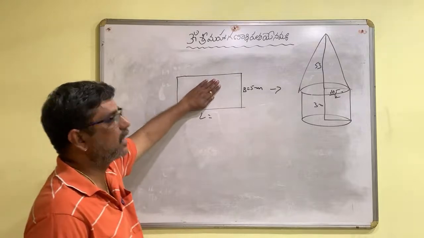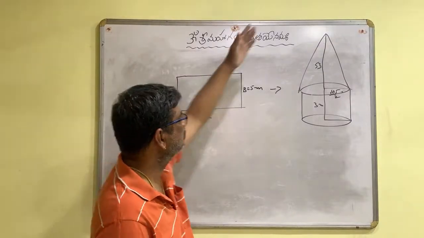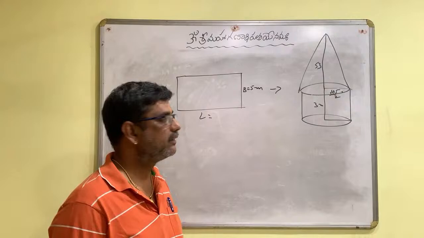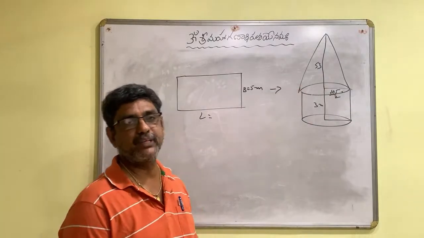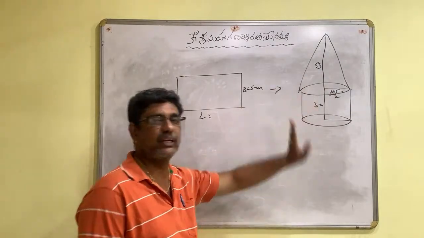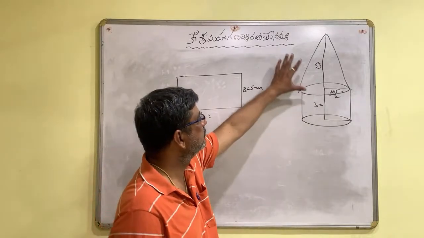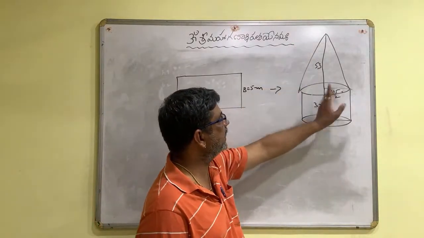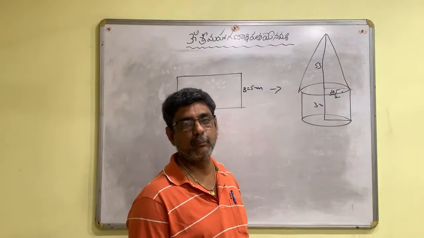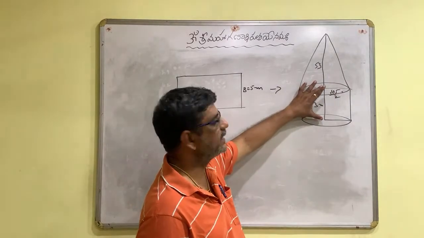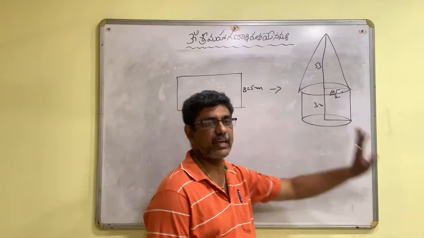There is a rectangular cloth. With this cloth, this tent is made. In this tent, there are two objects. One is cone, the other one is cylinder. Cone height 53 meters, radius 105 by 2 meters. Cylindrical height 3 meters, radius same.